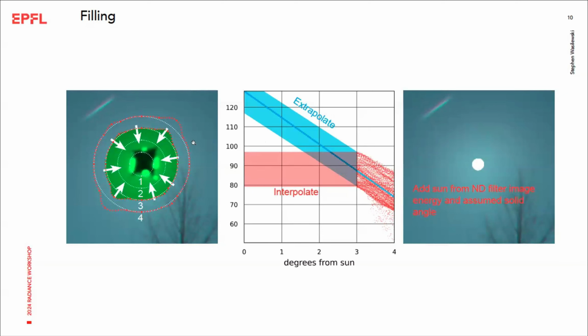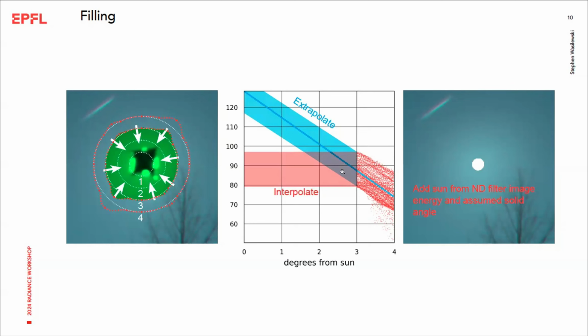So for filling in this area, there's first an interpolation using the area around, so all of those pixels that are right on the edge, and then interpolating into the center. But then also knowing that if it's a clear sky condition, it's getting brighter as I get closer to the sun, we can also extrapolate into that.